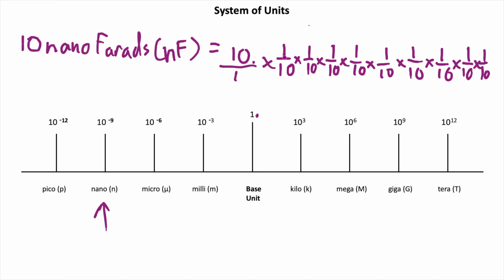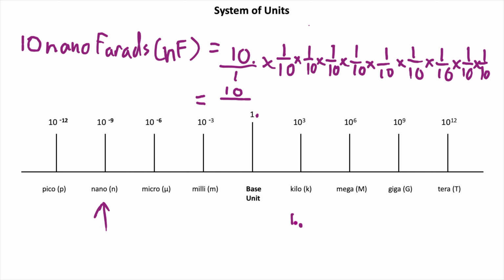So we're going to do exactly the same way. In the numerator, you're going to multiply 10 times 1 times 1 times 1 times 1, which is just 10. So we have 10 in our numerator. And then the negative 9, well, that's the same thing. We could walk through all these and count the zeros, but that's the same as taking our base unit, remember, which starts as 1 point, and moving it over 9 times.